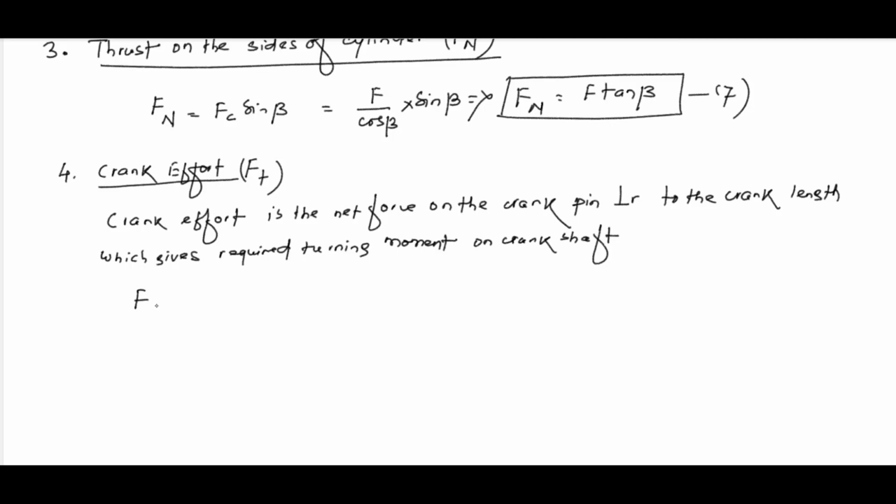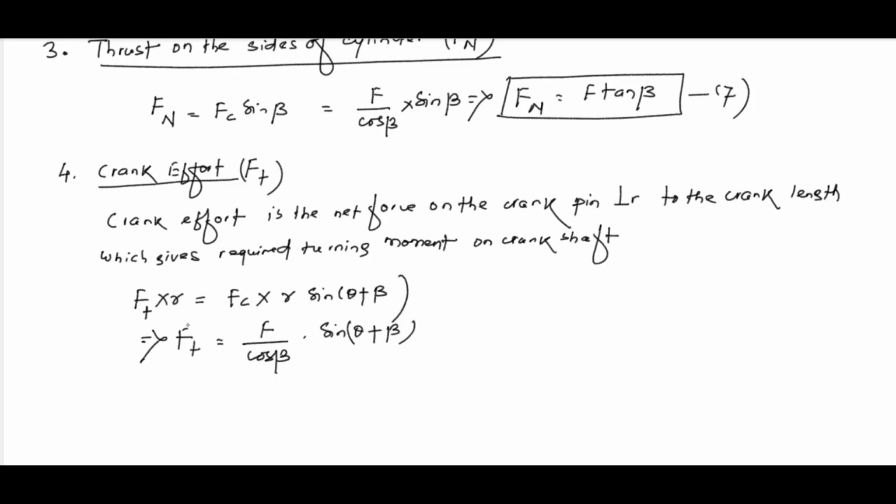Taking moment about point O, we can say Ft into R is equal to Fc into R sine theta plus beta, or you can say Ft is equal to F by cos beta into sine theta plus beta. This is equation 8.